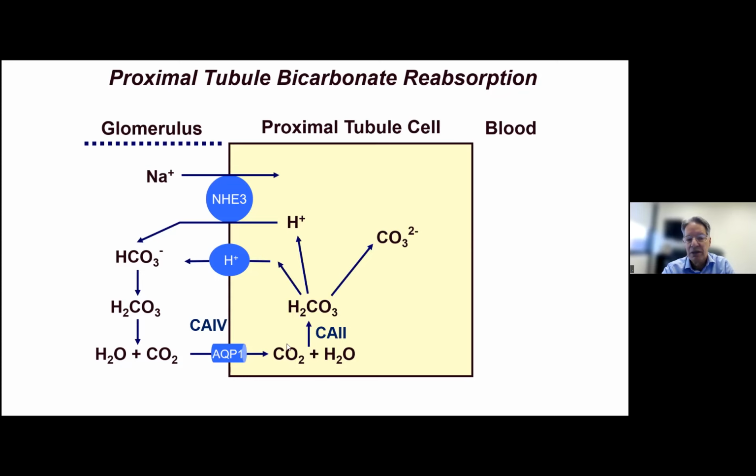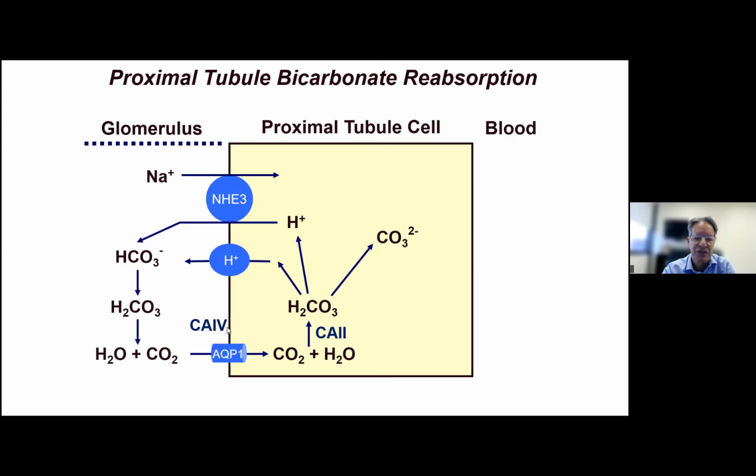I might add that both of these are catalyzed by carbonic anhydrases. There's at least 14 different carbonic anhydrases in the human genome. They all catalyze this reaction, either in the forward or the reverse direction. And carbonic anhydrase 4 is not floating free in solution. It doesn't get through the glomerulus.